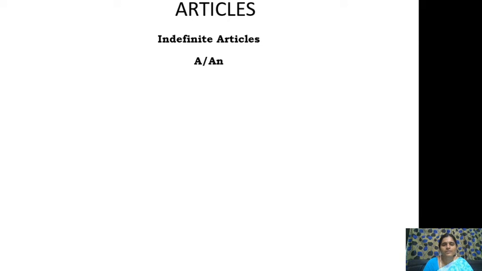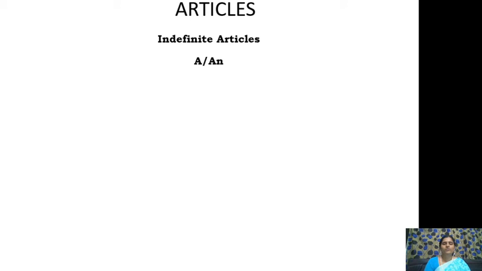And if it starts with a vowel sound, then we use an. This is a very basic rule and everyone knows about it. So a is used before a singular countable noun which starts with a consonant sound. An is used before a singular countable noun which starts with a vowel sound.